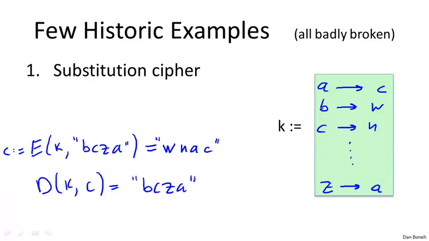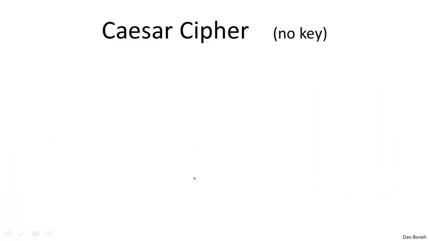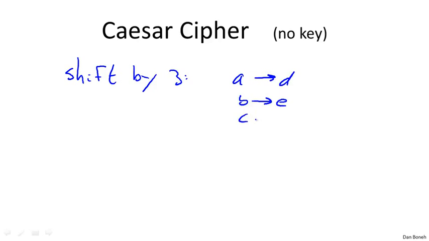Okay, just for historical reasons, there's one example of something that's related to the substitution cipher called the Caesar cipher. The Caesar cipher actually is not really a cipher at all, and the reason is that it doesn't have a key. A Caesar cipher is basically a substitution cipher where the substitution is fixed, namely it's a shift by 3. So A becomes D, B becomes E, C becomes F, and so on and so forth.